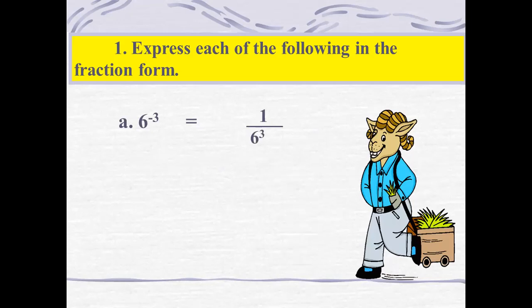Okay, we have 2 minutes left. Letter B, you have there 9 to the power of negative 4. Now, if we write that one as a fraction with a positive exponent, that is 1 over 9 to the power of positive 4.